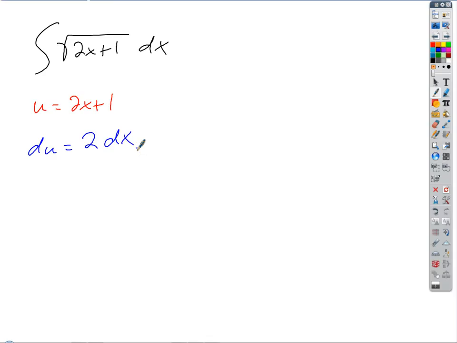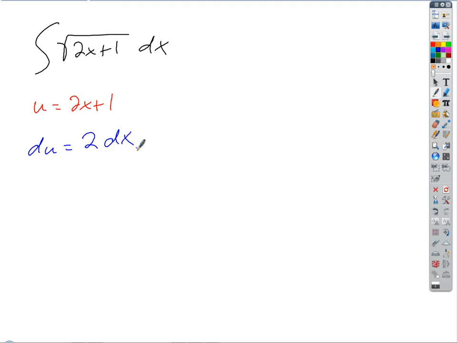So do you even need the 2? Yes, you do, because you have to divide by 2. So dx equals 1/2 du. Okay, is everybody with me so far? Okay, watch this closely, because what I'm doing up here now is what you should write when you do these problems.